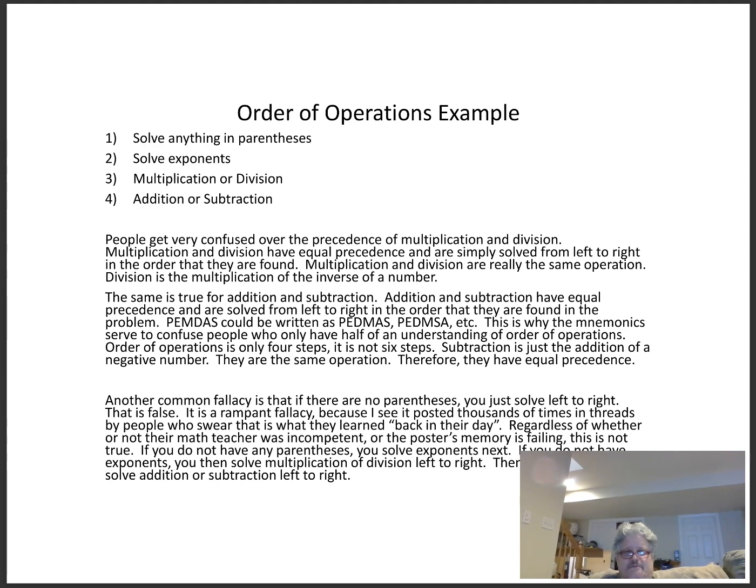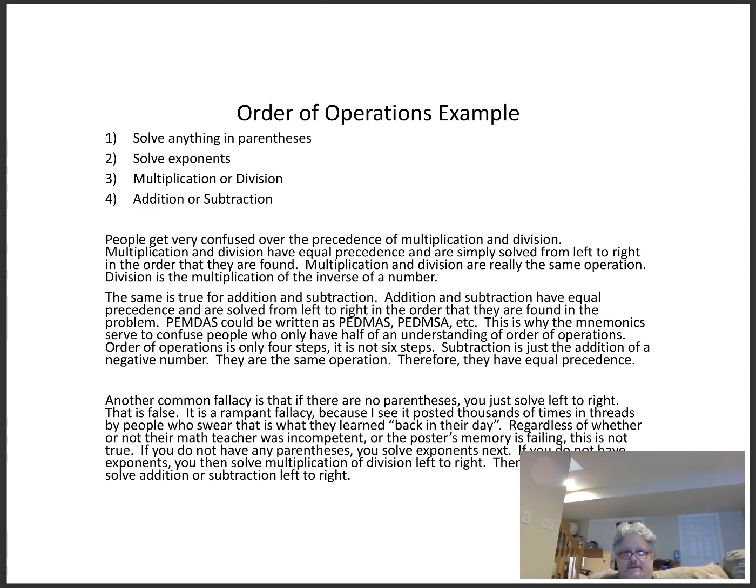It doesn't help you understand that addition and subtraction are really the same operation. Subtraction is just the addition of a negative number. Instead of saying 5 minus 1, I could say 5 plus minus 1. It's the same thing, equal precedence.